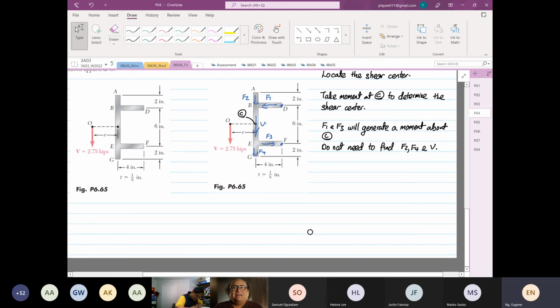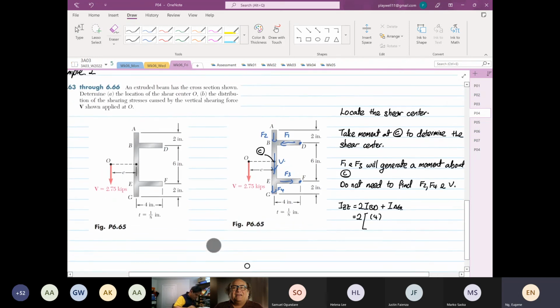So Izz is equal to twice Ibd, because Ibd and Ief are the same, and then plus Iag. So this will be equal to twice the width is 4, the depth, do we know the depth? What is the thickness?